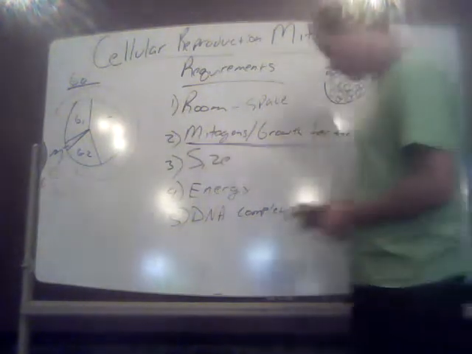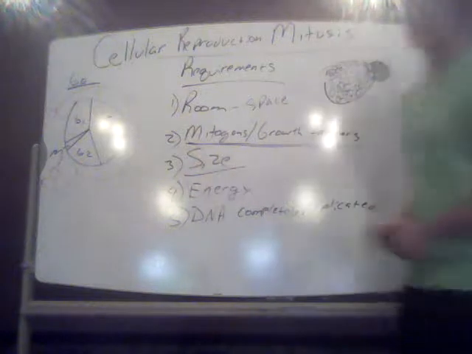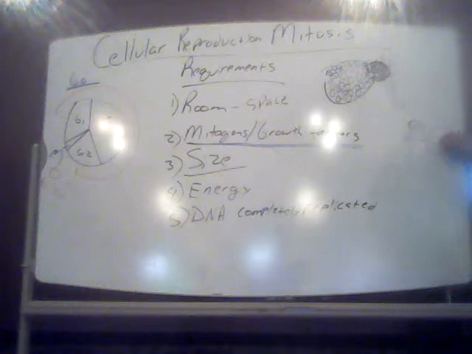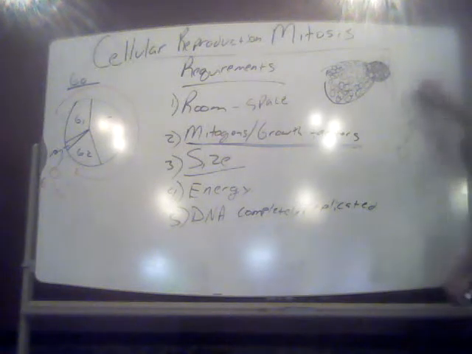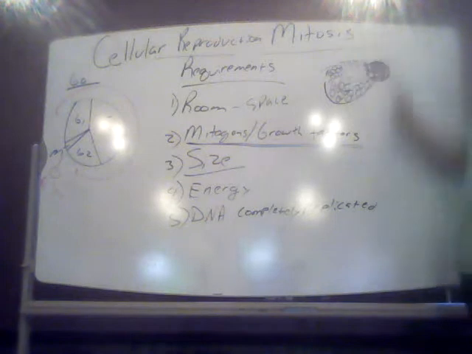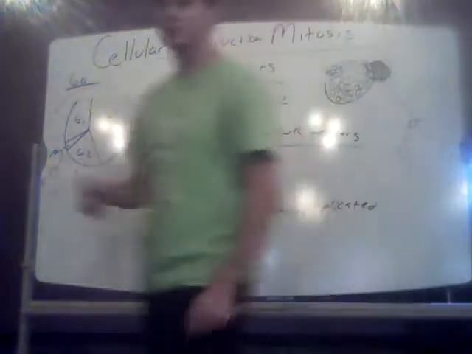All right, cells have to be of the right size. Remember, you're taking one cell and you're splitting it into two identical copies. That cell has to be big enough so it can divide and still ensure that those identical copies are going to be the same size as the normal functional cells within the tissue.